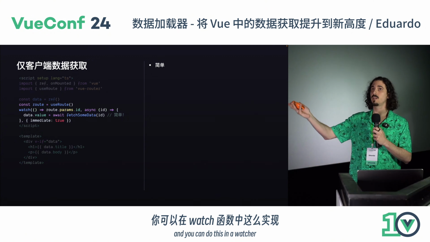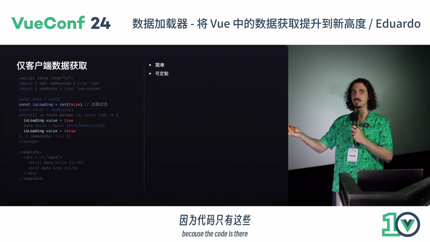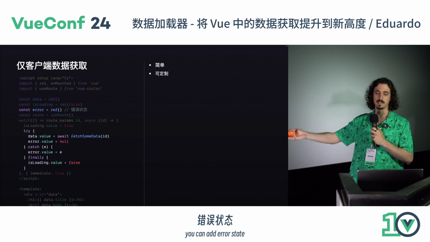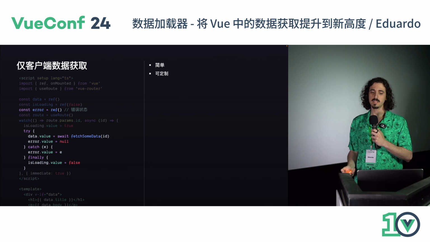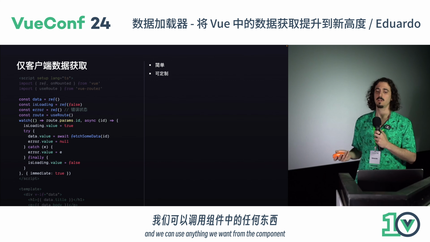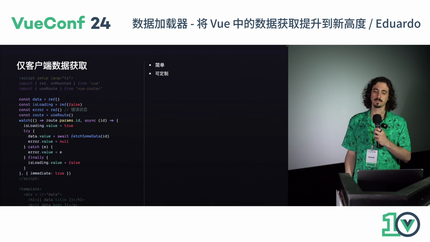And you can do this in a watcher. You can customize it easily because the code is there. So you can add loading state, error state, and a try catch. And we can use anything we want from the component, like props or the state.